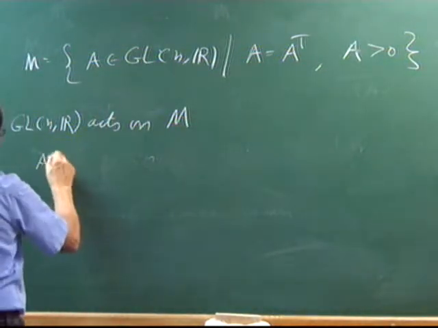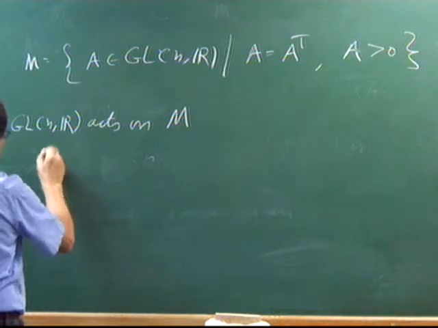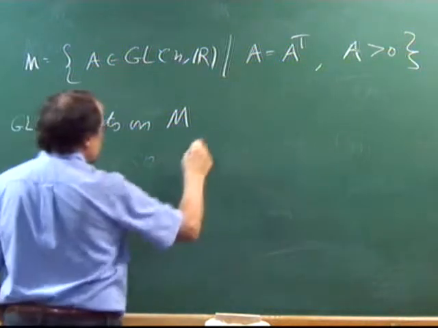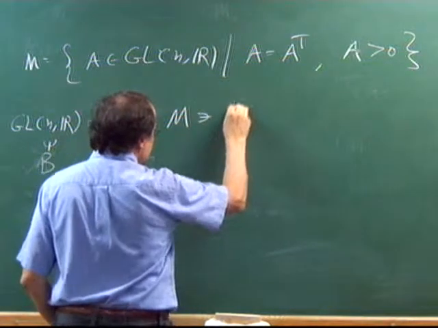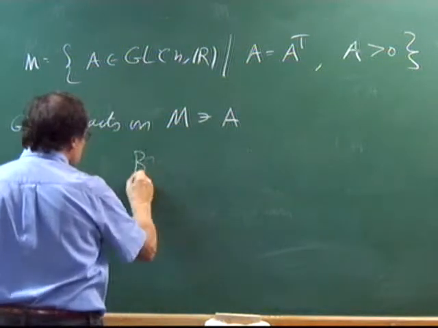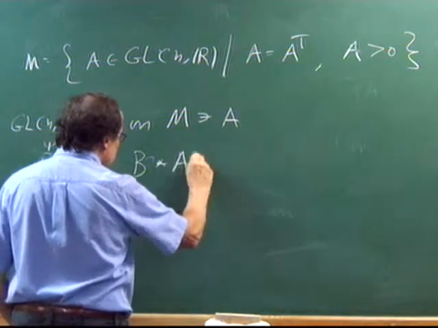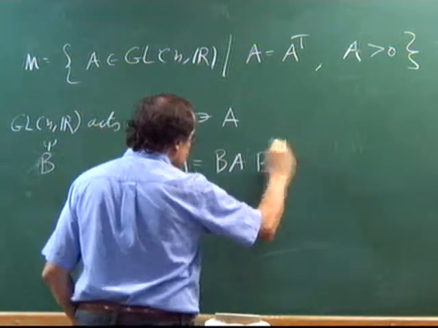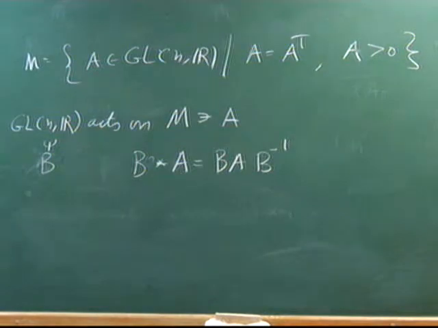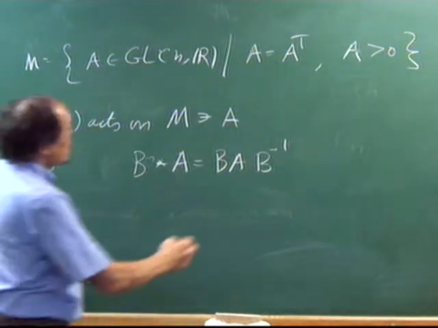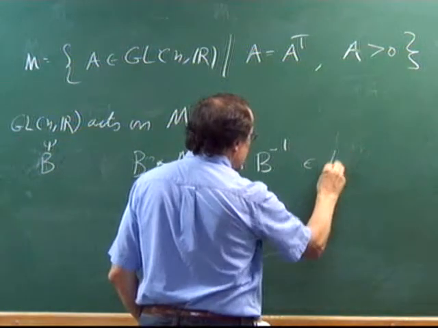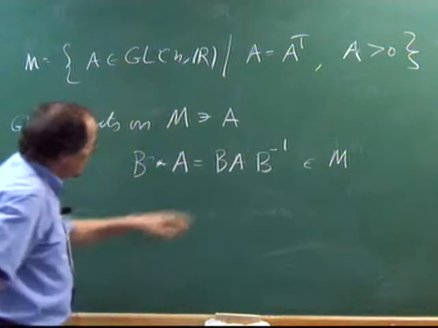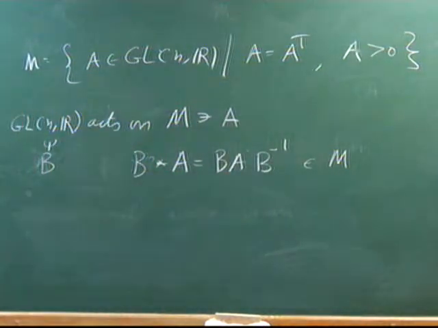So let's take a matrix B in GL(n,R), an element A in M, which is again a matrix. Then B acting on A is B A B inverse. Notice that's again symmetric. It lies in M again. For a conjugated symmetric matrix, I get another symmetric matrix.